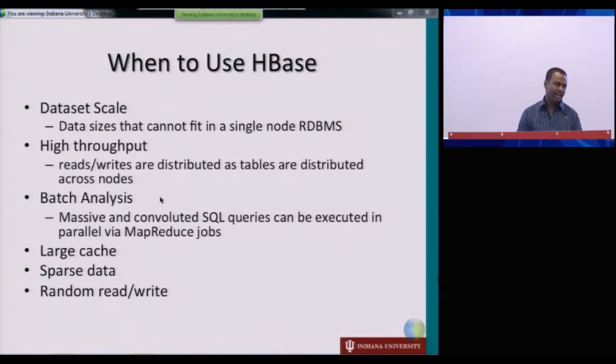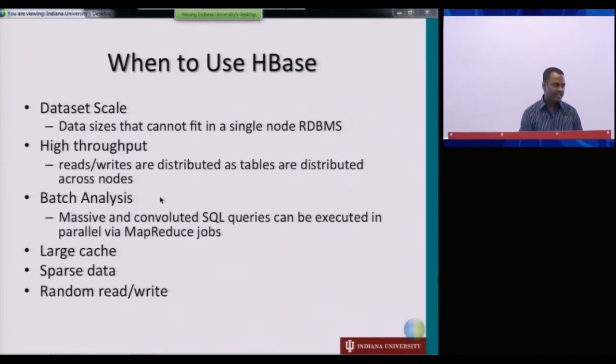And it's normally considered that you should have at least around 5 nodes to get the maximum out of HBase. If you deploy an HBase cluster with fewer than 5 nodes, the advantages you get would be far less than with more than 5 nodes. This is just a rough number.